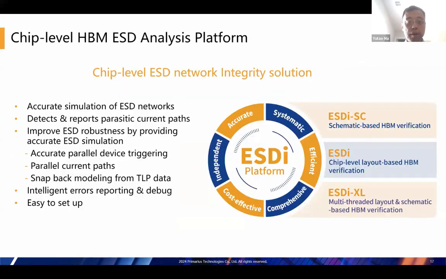So for ESD analysis, we also provide the chip-level HBM ESD analysis platform.